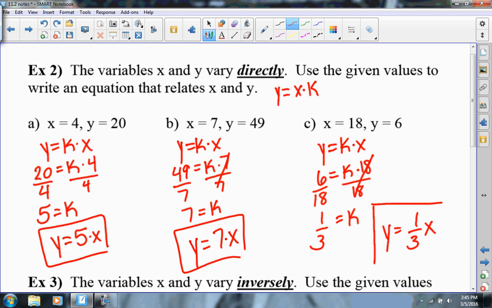And that might be a relationship of like how many fish are in a lake before and after fishing season. Maybe x is the amount of fish ahead of time. 1/3 is how much of the fish get caught by all the people fishing, and then y would be the amount afterwards.